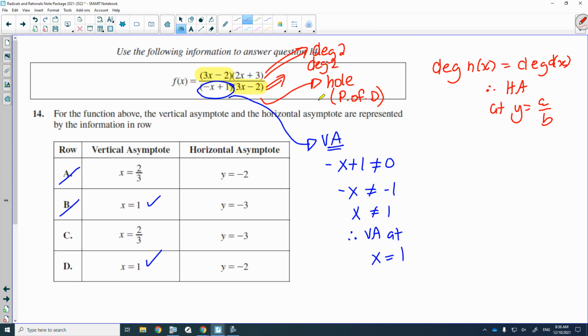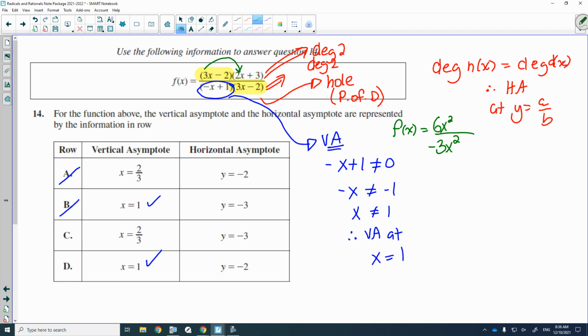So if I were to expand this and then write it in descending order of x, I don't even have to do the entire thing, but the leading coefficient here, or the first term, would be 6x squared. I'm not even going to expand the rest because I know that would be my leading coefficient. And then for the denominator here, negative x times 3x is going to give you negative 3x squared.